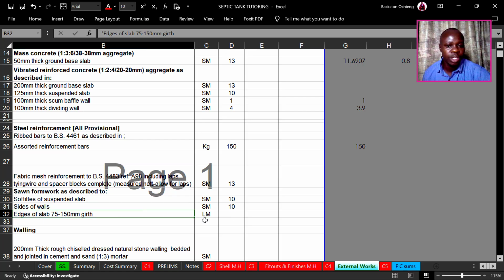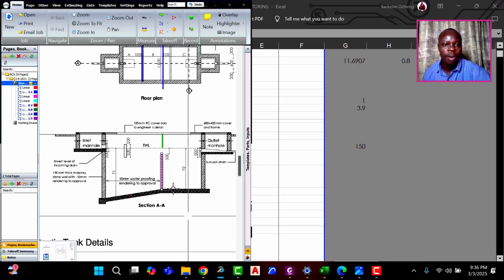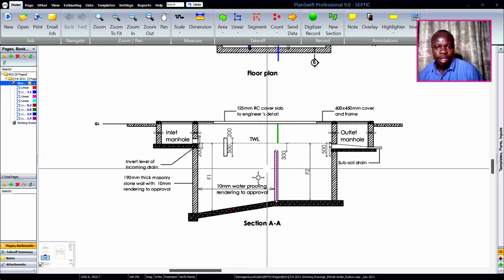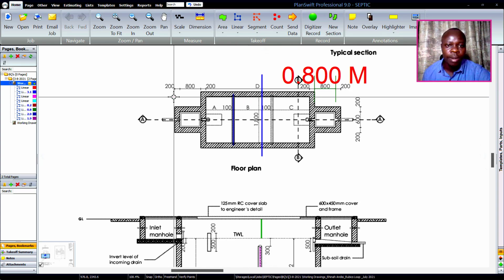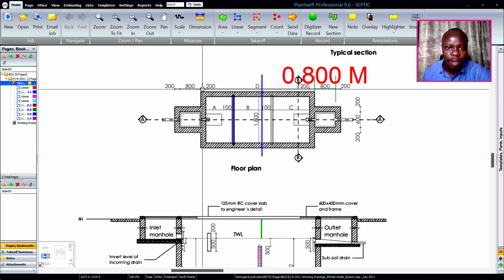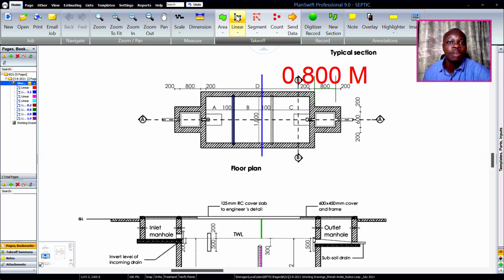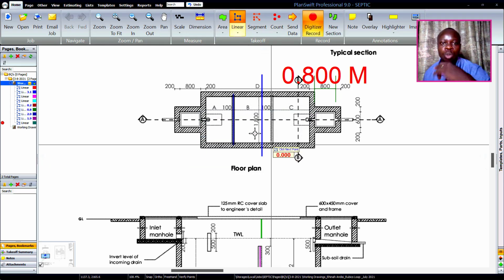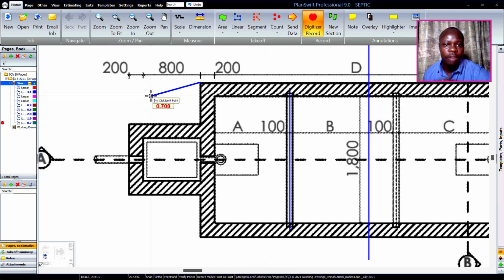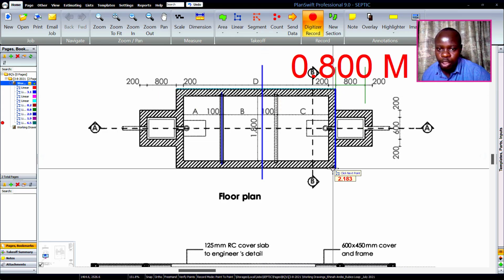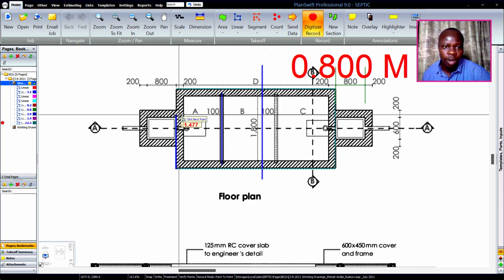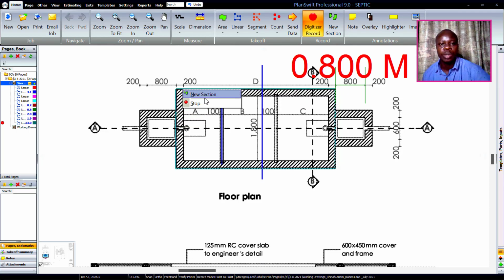So if that is so, then we go to our drawing. This is where we have it. The cover slab is meant to cover the entire stretch of the slab that we measured. So under home, go to linear tool, click on the first end, stretch it to the 4 ends that you need to measure, okay, that way.